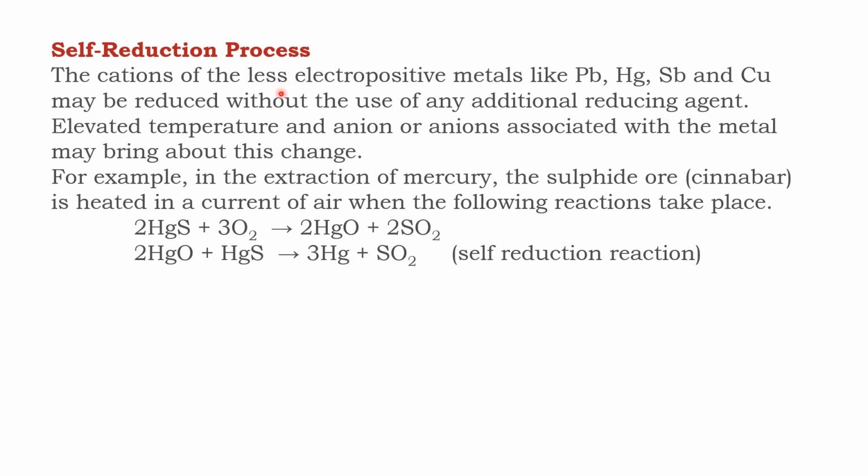For example, for less electropositive metals like lead, mercury, antimony and copper, we use the oxides of the same metal so that self-reduction occurs. See here, I have HgS, mercuric sulfide, and HgO. So what happens? I heat this HgS in presence of HgO so that they undergo self-reduction to form the metal and sulfur dioxide.